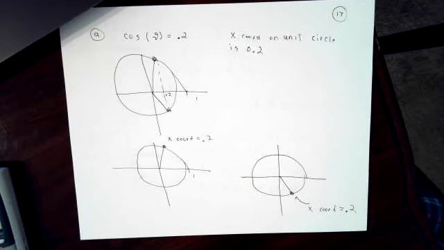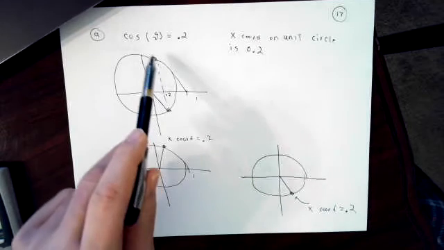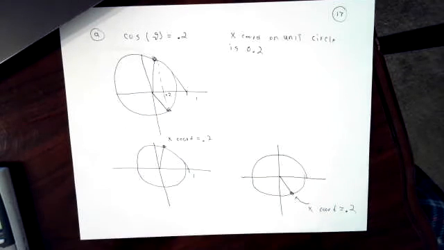On the unit circle, the cosine of theta is the x-coordinate. So I'm looking for points on the unit circle that have x-coordinate equal to 0.2. And obviously, there's going to be two of those. One of them is there, and the other one is there.